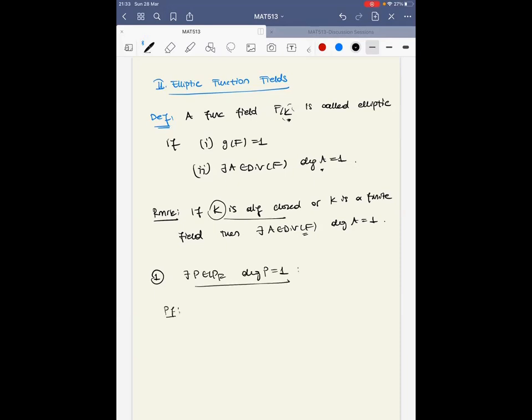In order to see that, by the definition of the elliptic function field, we know the existence of a degree 1 divisor, so we may choose it and consider it.